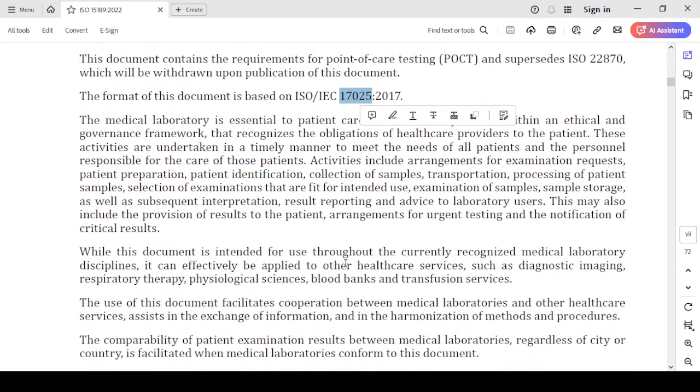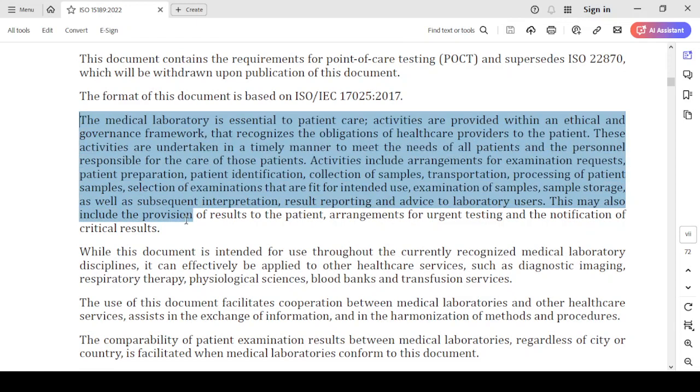So I would like you to look at this paragraph if you are looking at your standard or if you are looking at my screen and you're on a laptop. This paragraph tells you that there has to be an ethical framework in the lab that recognizes the importance of quality, especially for giving clients quality results.